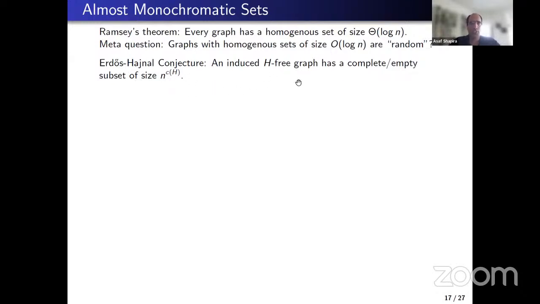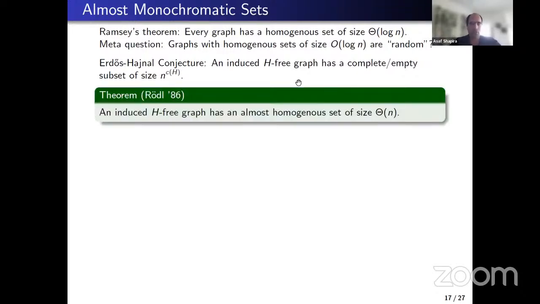So this conjecture is still open, but you can also ask, let's assume that our graph is, again, induced H-free, and we don't insist on getting a really homogeneous set, meaning either completely empty or completely full, but it's enough for us to have, let's say, at most 1% of the edges, or at least 99% of the edges.